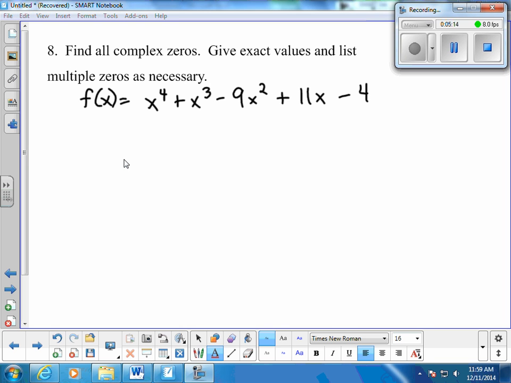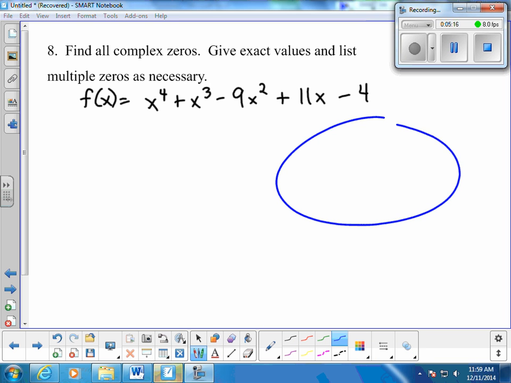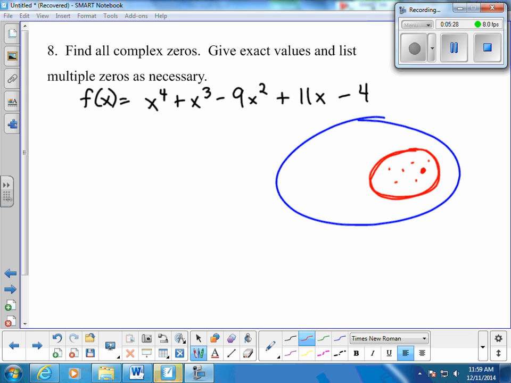So that means I'm way out there in the big pool of things. What I want to do is use the rational zero theorem to get me into this red zone so I know all my possible zeros. Once I know my possible zeros, I'm going to use synthetic division to find the ones that truly are zeros and then use those to get my answer.